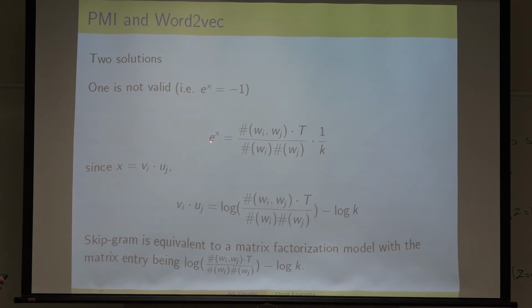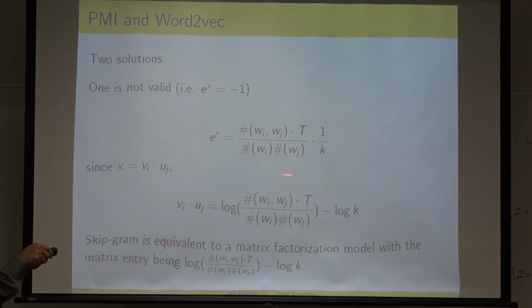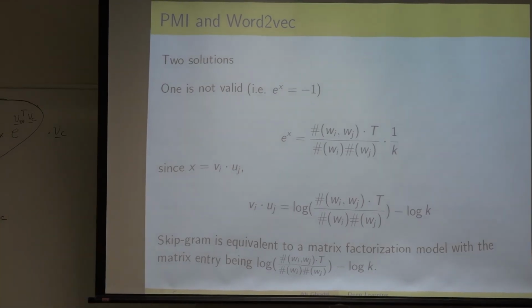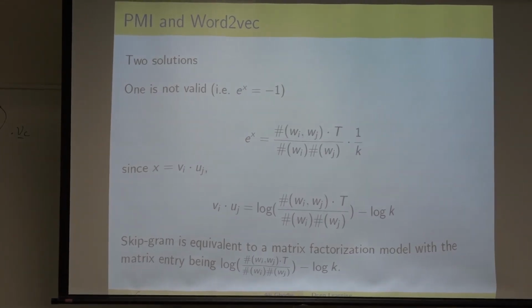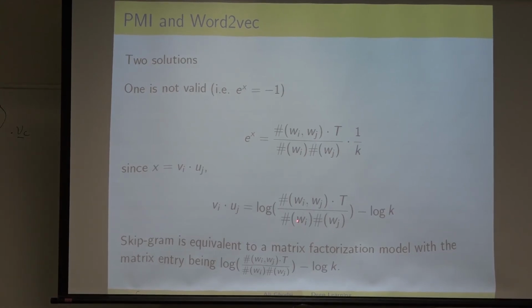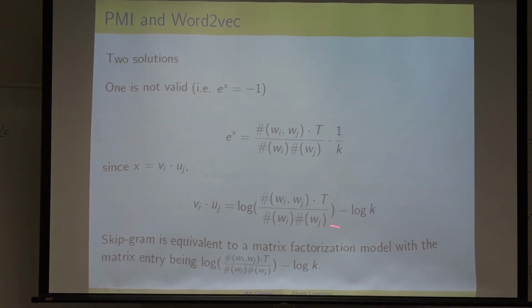Then if I take the log of this quantity, x is going to be the log of it, and x was Wi times Wj. It means that if I decompose a matrix such that the entries of the matrix are these, then I will get Wi and Wj, which minimize this objective function. And this quantity is basically the log of PMI up to a constant.